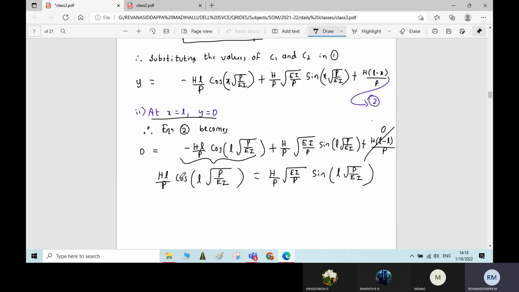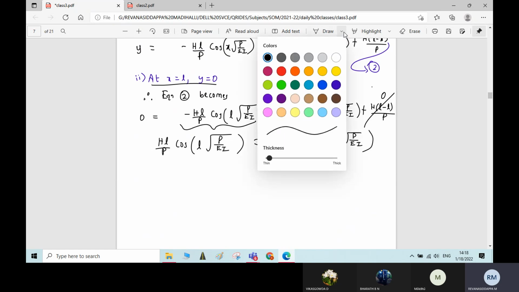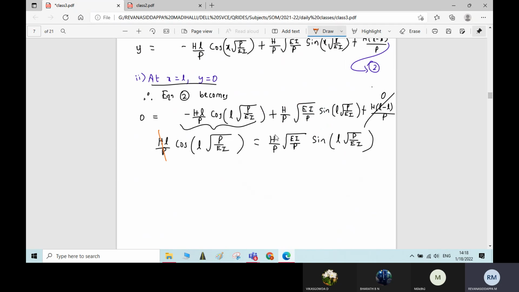Now on both LHS and RHS, H by P is common, so just strike off H by P on both sides.